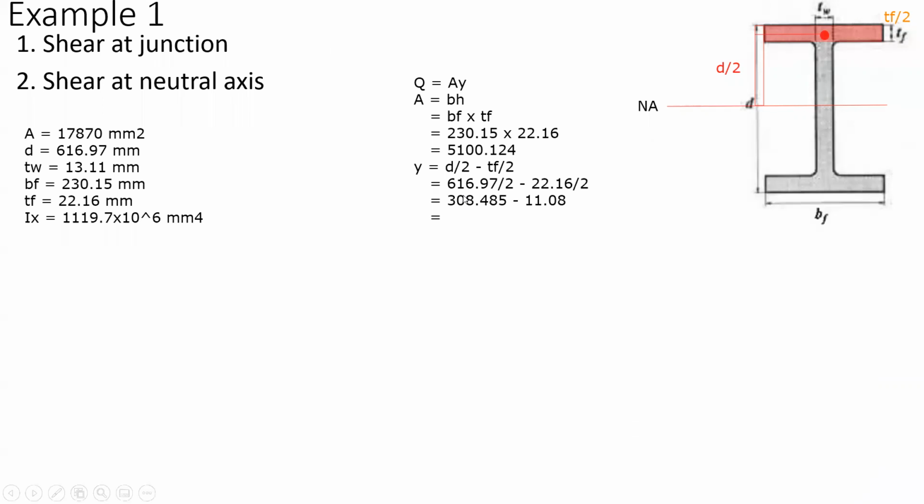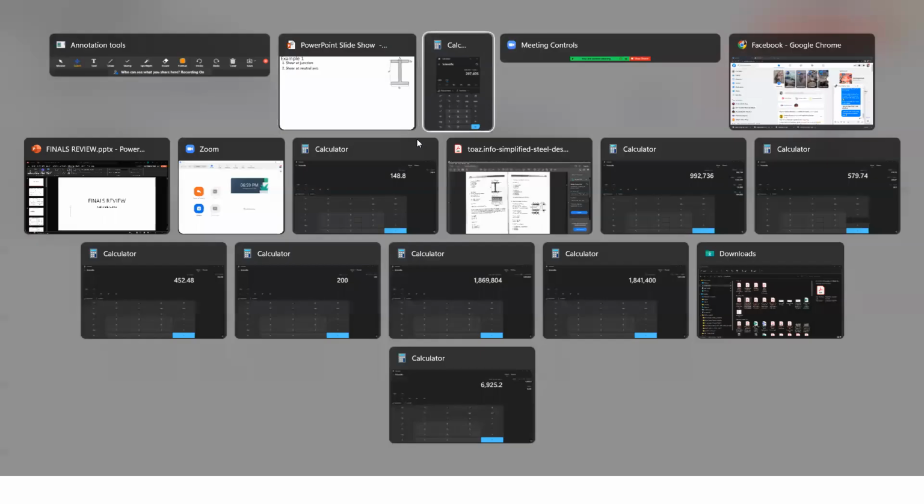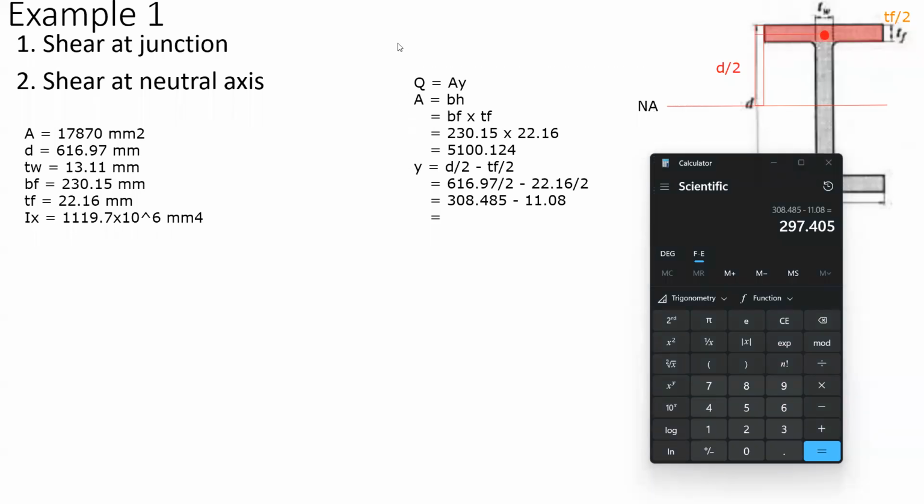Our moment arm would be equal to 297.405 millimeters.